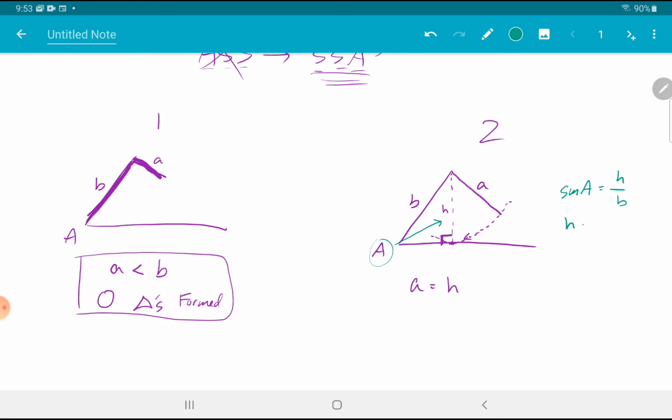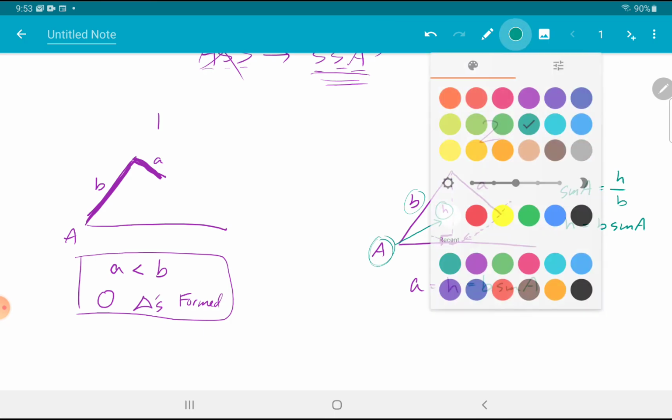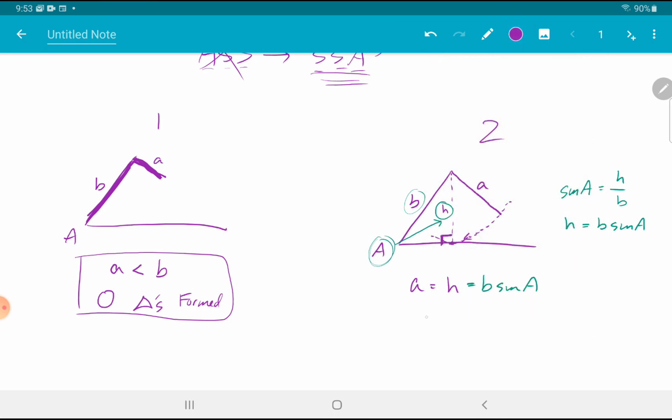And so therefore h is equal to b sine A. Okay, so this value of h is equivalent to the value of b sine A. So if a is the same as the height, which is equal to b sine A, if this holds true, then you only get one triangle formed, and that triangle happens to be a right triangle. Okay, so this is scenario 2, just like that.